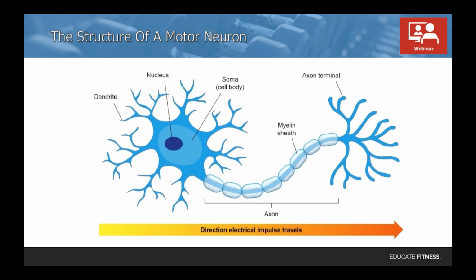Look at the arrow on the bottom of this diagram. This will show you the direction of the electrical impulse and the direction the impulse travels through the nerve. So nerves are kind of like wires in the body, and wires connected to a light switch. They're very rapid.